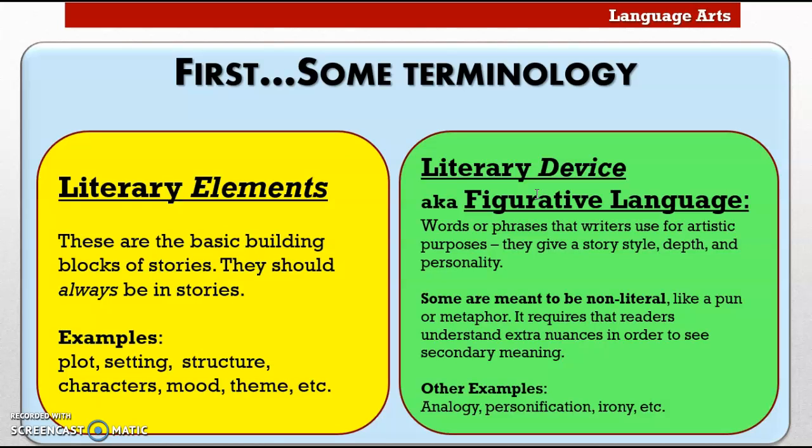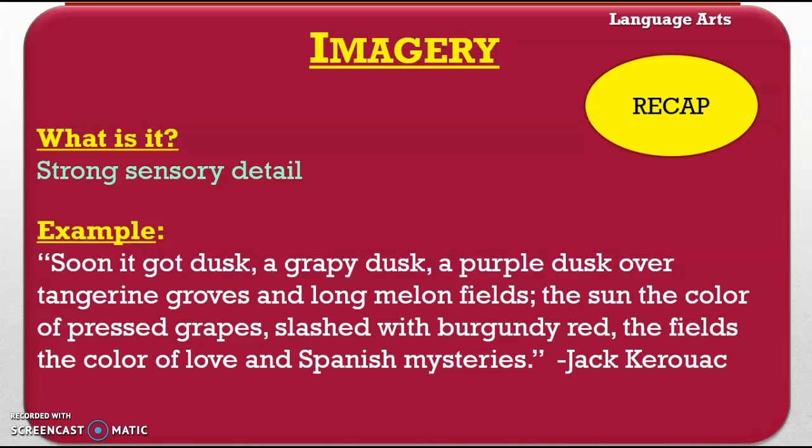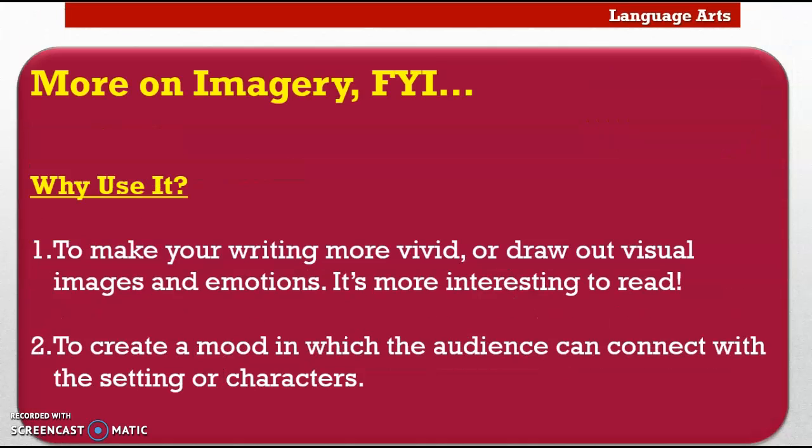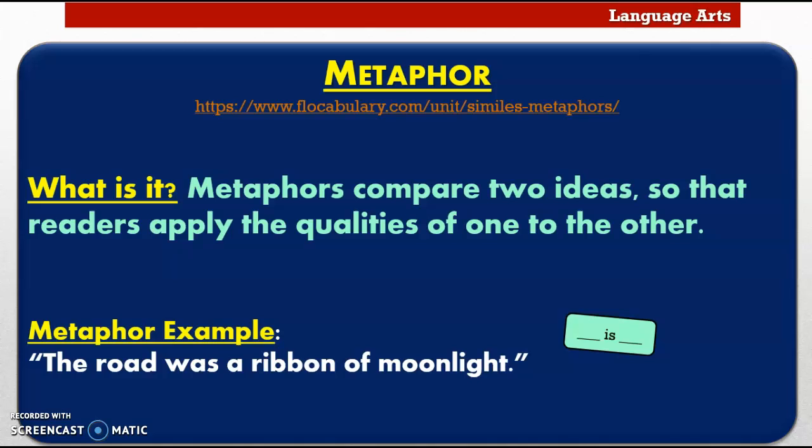Other examples of literary devices are analogies, personification, irony. Today we're going to go over 3 of those. I did include some imagery, but we talked a whole bunch about imagery, which is use of strong sensory detail. You did that for day 1 in Guess My Setting. So just a little bit more information on that.